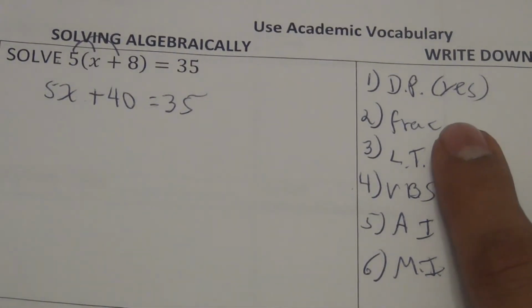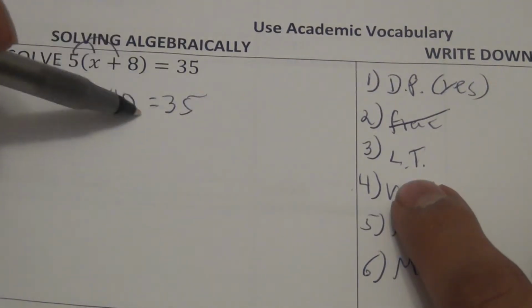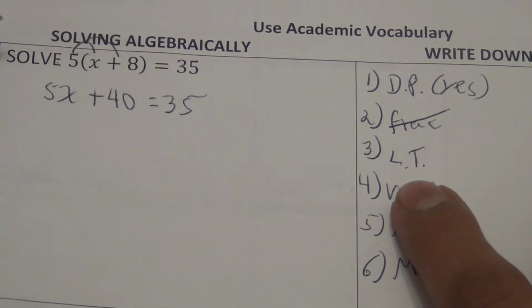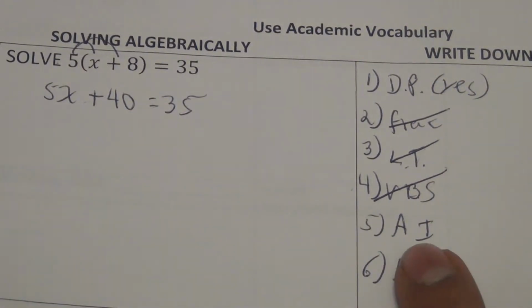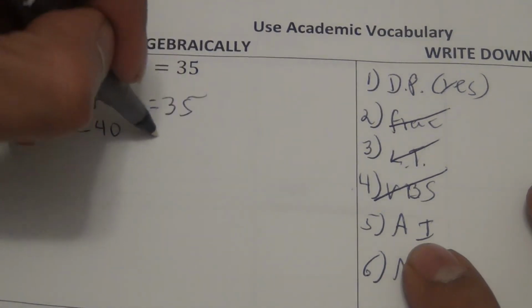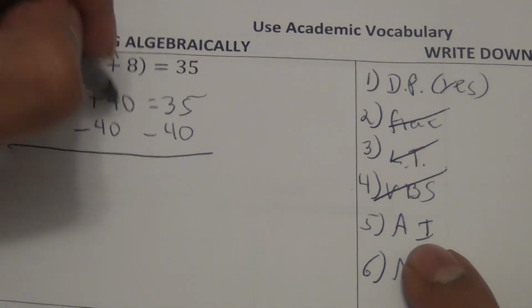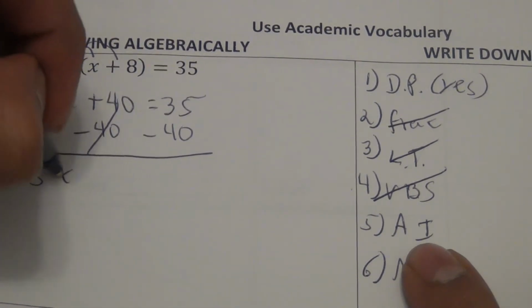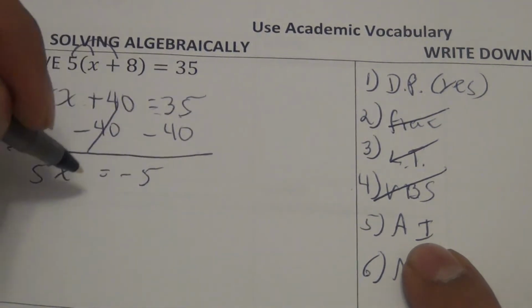So let's see now. Fractions, nope. Like terms on the same side, nope. Variables on both sides, nope. Additive inverse, is there a number being added to the letter? Yes. So additive inverse of 40 is negative 40. Then 5x equals 35 minus 40 is negative 5.